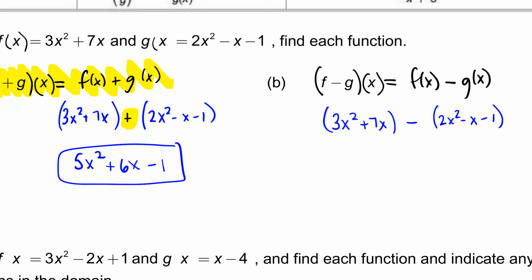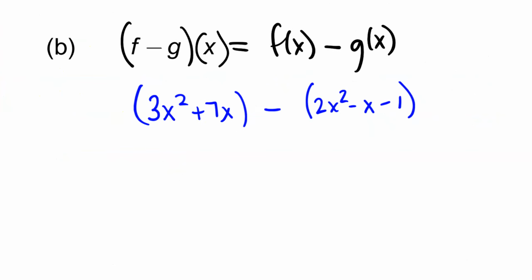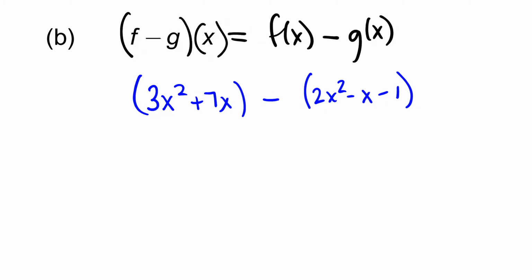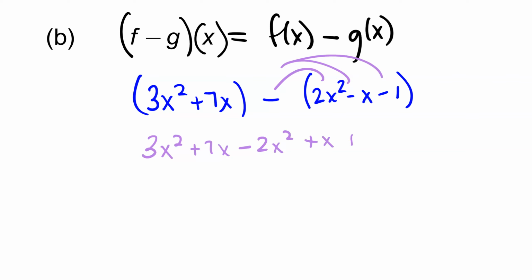So this is exactly what we just got done doing. The difference is notation. The way we write it is different. So what's the first thing we should do so we don't mess up the signs? Distribute the negative. So I have 3x squared plus 7x minus 2x squared plus x plus 1.